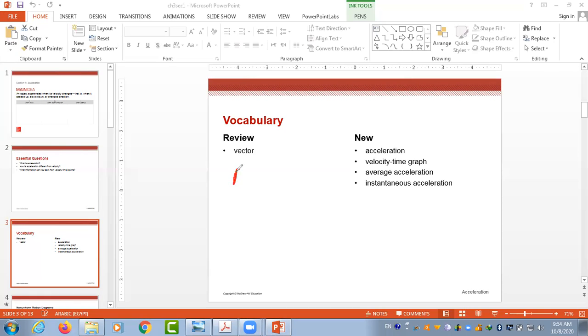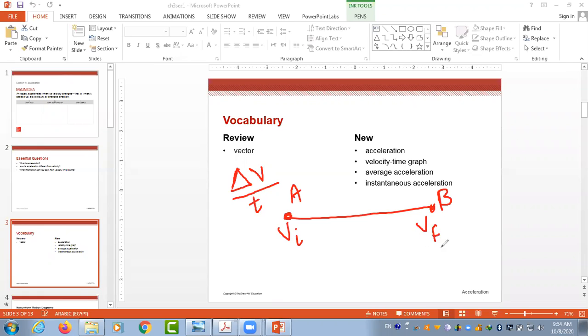So, Shabab, we said before, acceleration and change. Acceleration is a change in velocity, and we refer to change with this triangle, which we call delta. So a change in velocity happens in a time interval. If we draw a line of a moving object, if the object moved from A to B, it starts here with an initial velocity, we give it symbol Vi, and it ends with a final velocity, we give it symbol Vf.